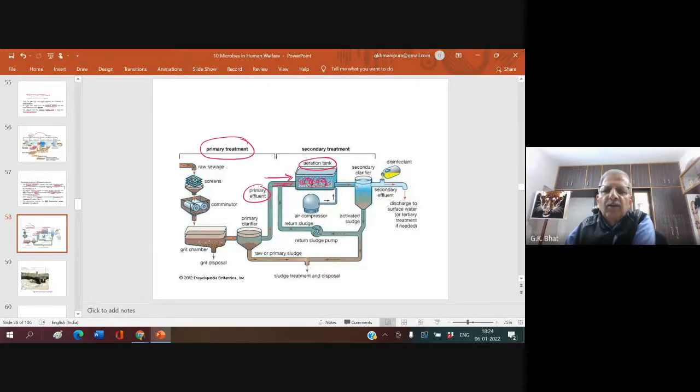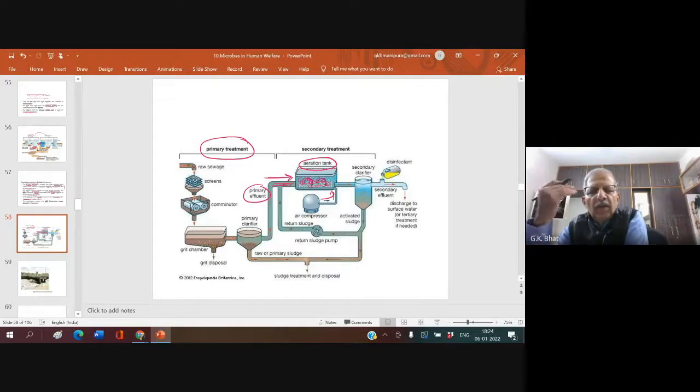And what is done at the same time? Air is pumped. Both of these bring about what? The microbes make use of all this organic matter, and thereby, whereas earlier the sewage had high BOD, the biochemical oxygen demand level now comes down.